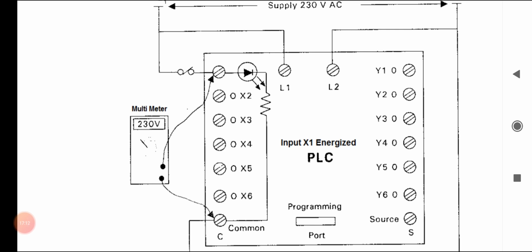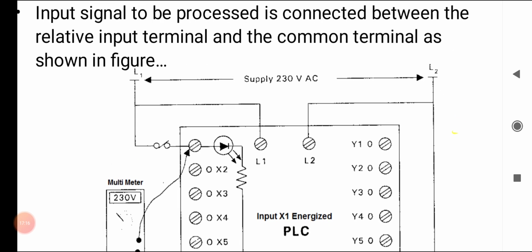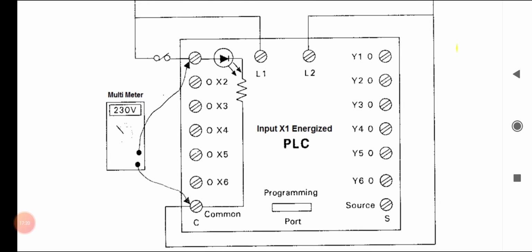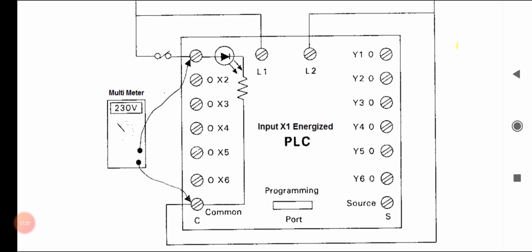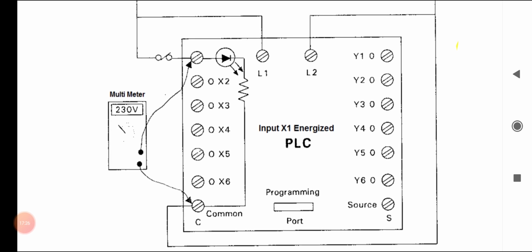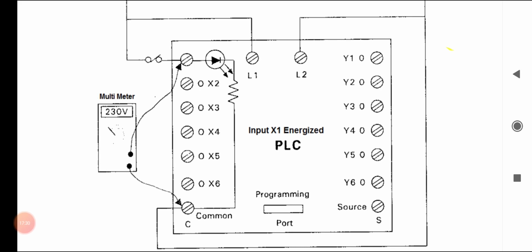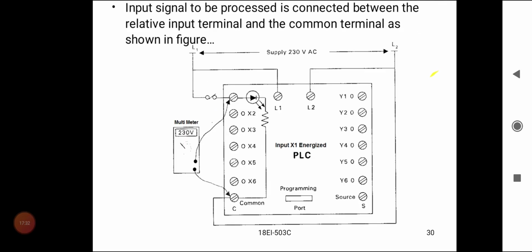The LED is glowing, with a supply of 230 volts AC at L1 and L2. Input X1 energizes the PLC program unit, outputs Y1 to Y6 and source terminals.